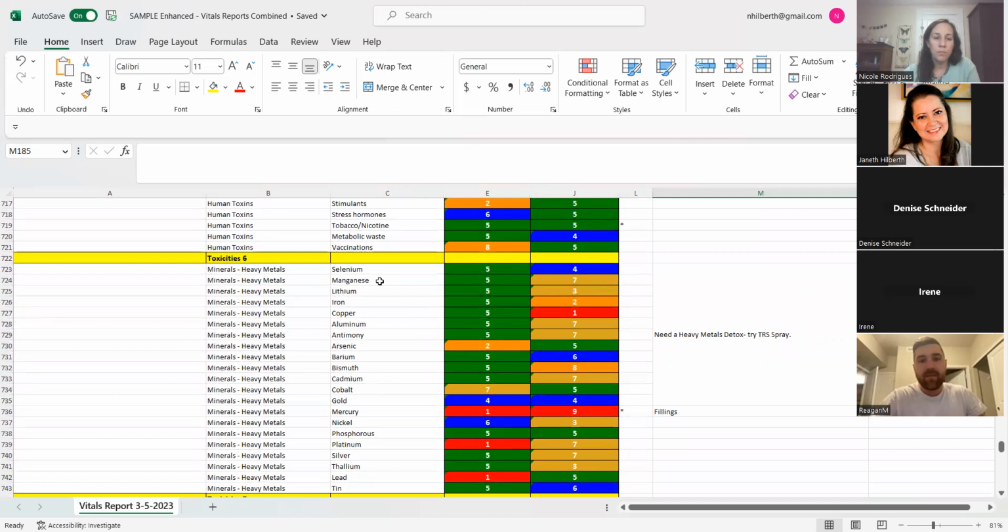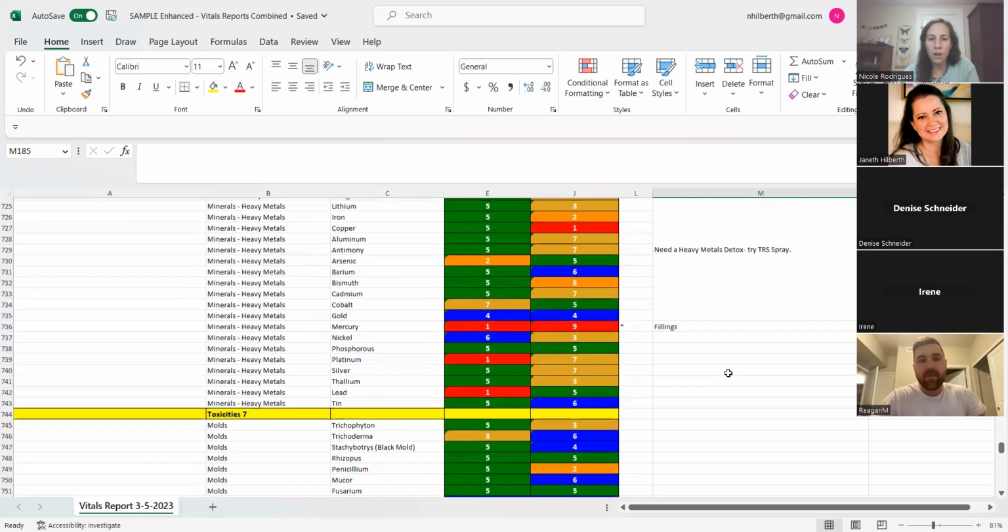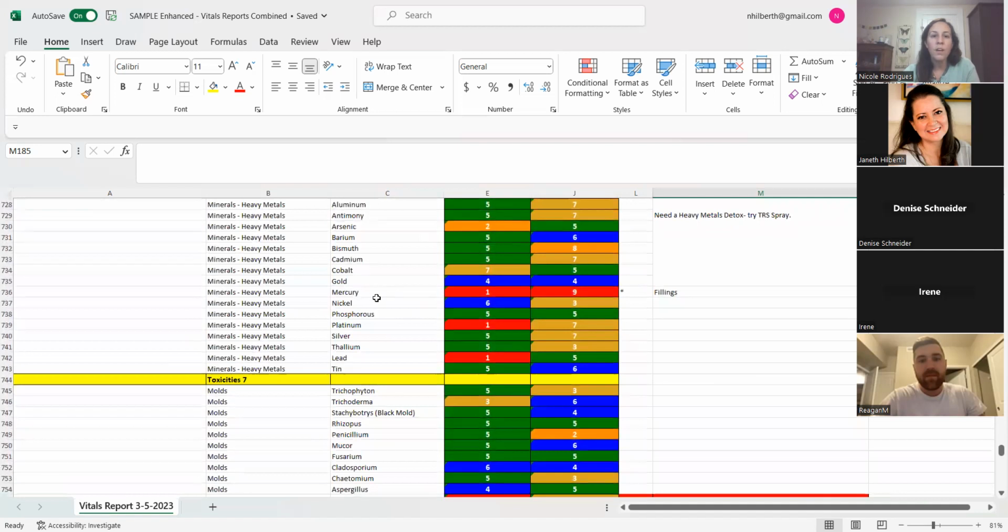Then following up with the metals, since that was flagged earlier, the metals definitely showed that he could benefit from something that would decalcify the pineal. There's TRS spray. There's another company, Clean Slate, that you can use, and it's a spray that you just take by mouth that will help. Mercury came up. So I asked him if he had any mercury fillings, and he said, actually, no, I don't anymore.